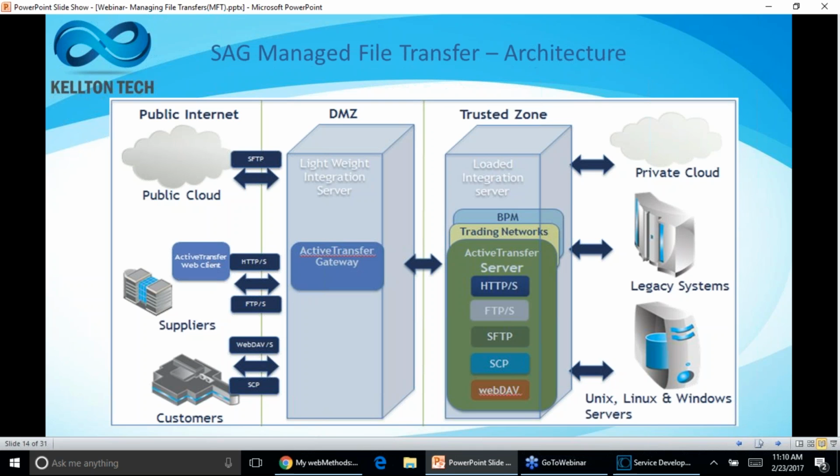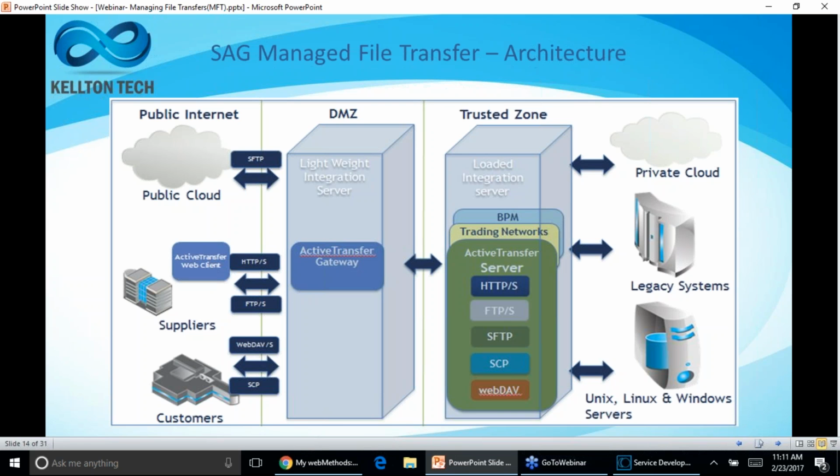The Active Transfer web client is GUI based and runs in the browser. Organizations that do not have their own infrastructure can just use a browser to log in. After logging in, they can see which virtual folders are assigned, so they can drag and drop files to transfer, or download them very easily.